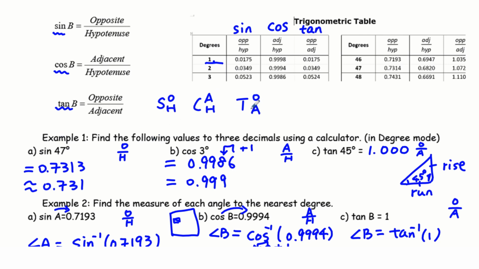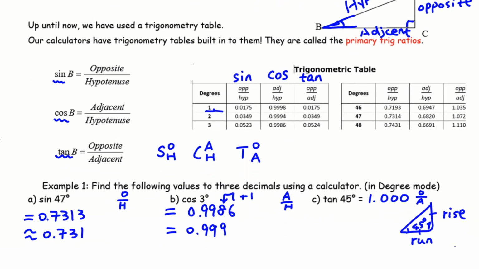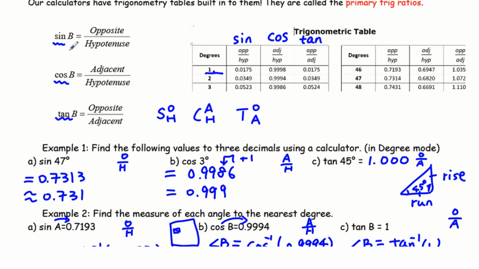Soh Cah Toa. This is the title of today's lesson, Soh Cah Toa. They represent: S is sine, the first letter, and the opposite O, hypotenuse H. So SOH is for one formula, sine equals opposite over hypotenuse.